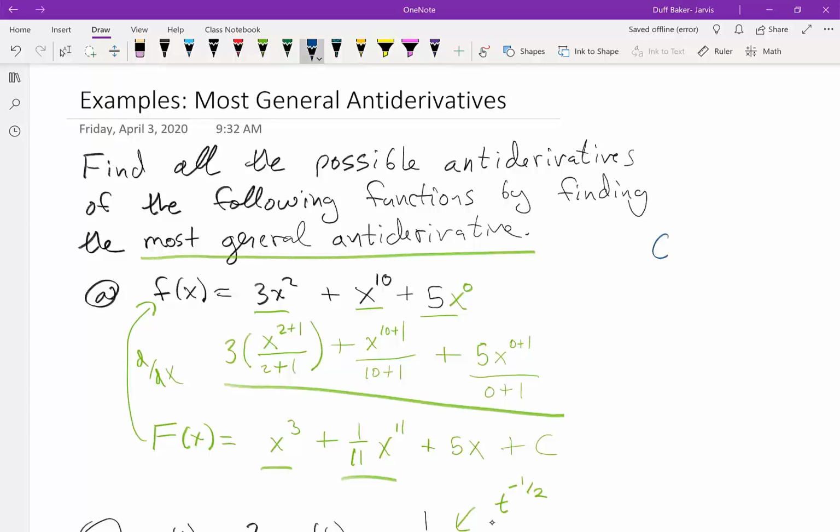Another example is, what's the antiderivative of cosecant squared? Well, we know that if we take the derivative of cotangent, we get negative cosecant squared.